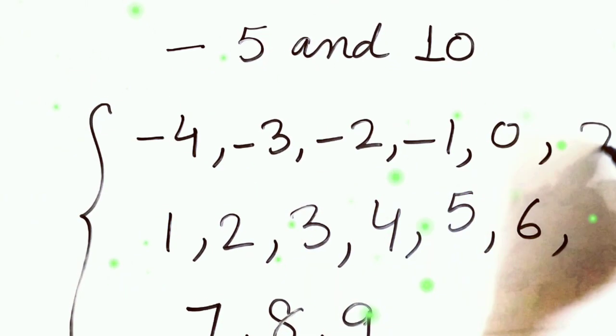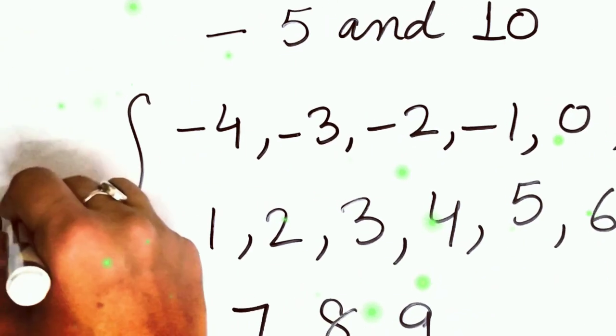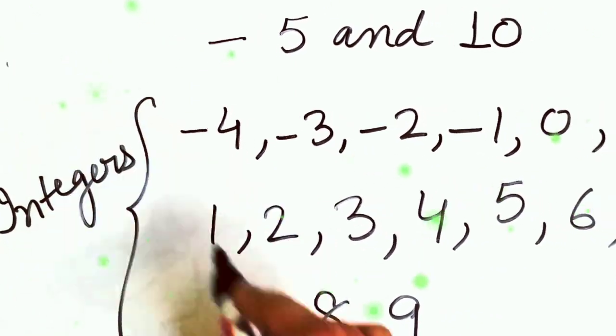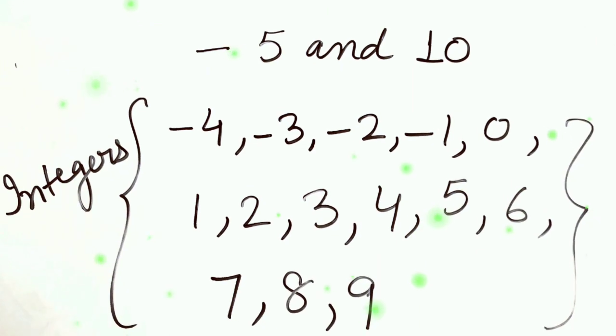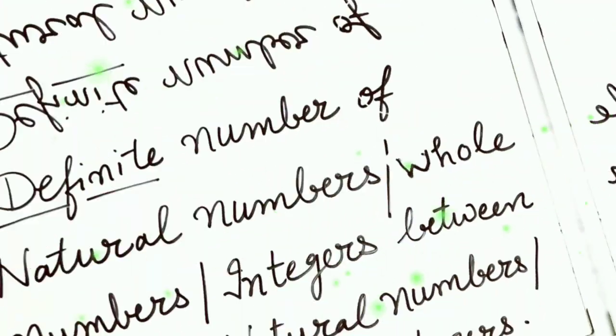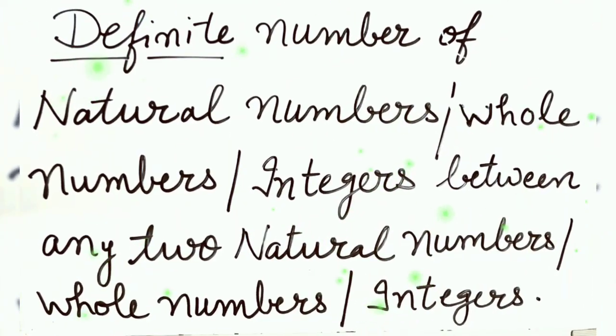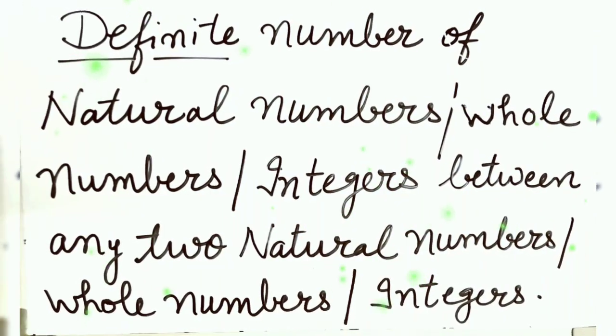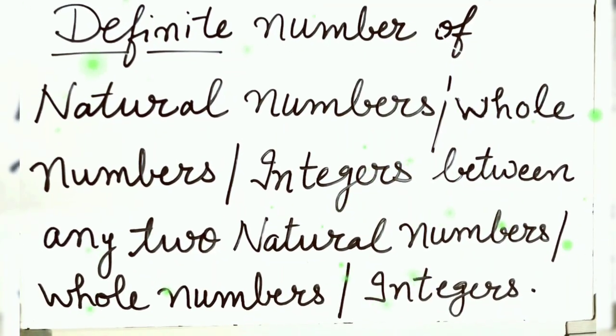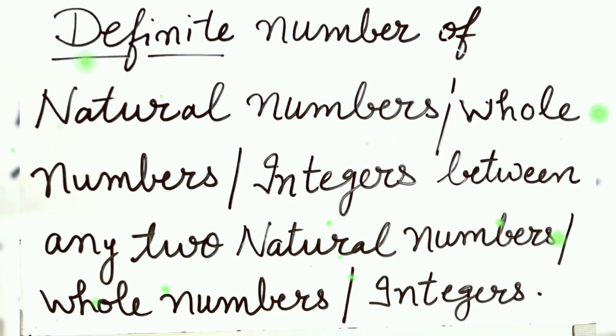Now these all integers lie between -5 and 10. We can simply say that there is a definite number of natural numbers, whole numbers or integers between any two natural numbers, whole numbers or integers, right?